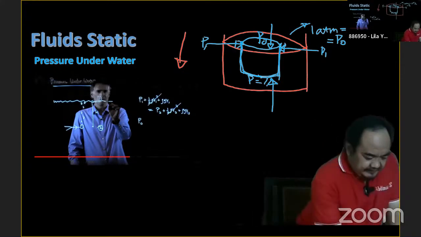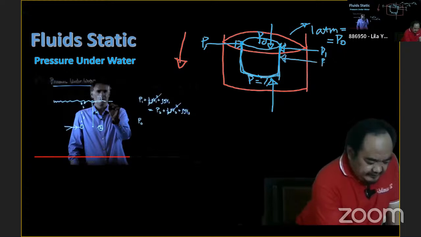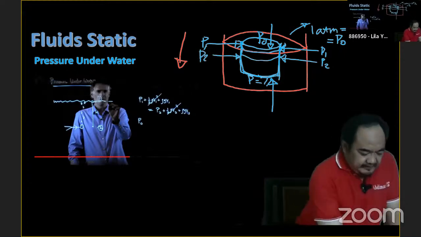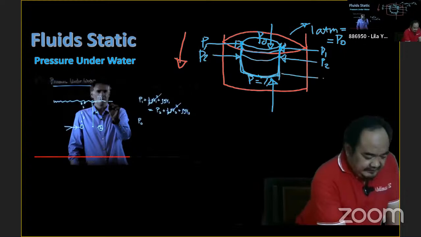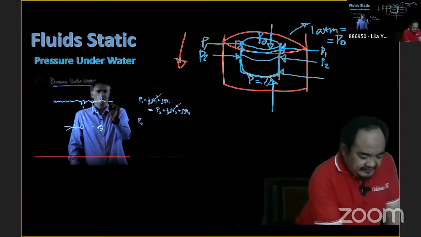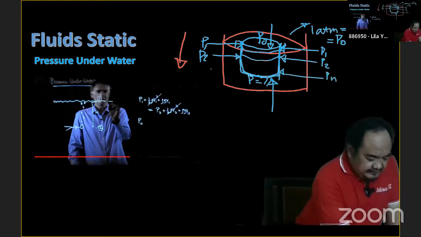At a different height it is exerted by P2, on the same height around the surface, and before reaching the bottom, for example Pn, around the element there is also the pressure Pn.